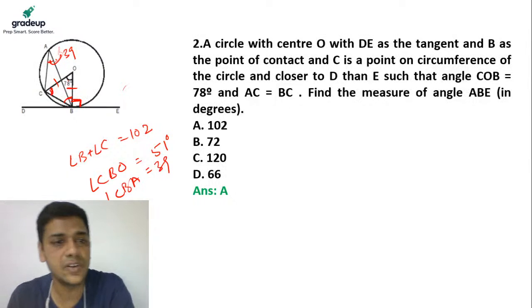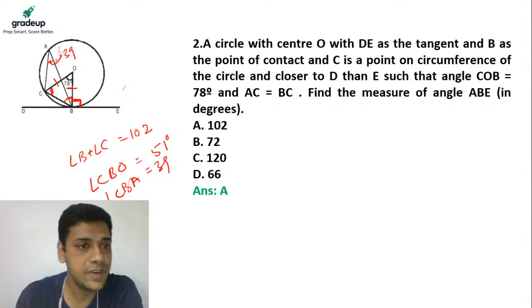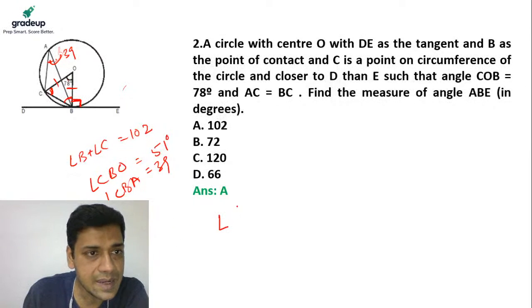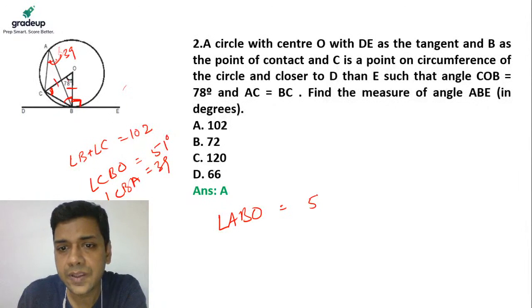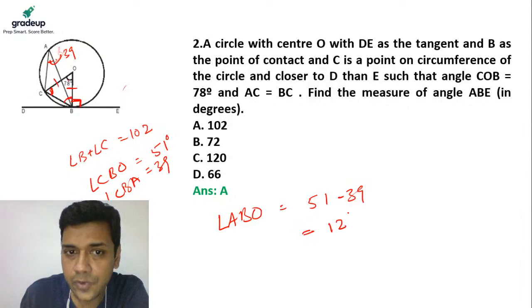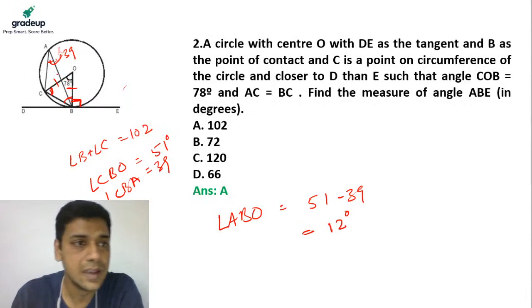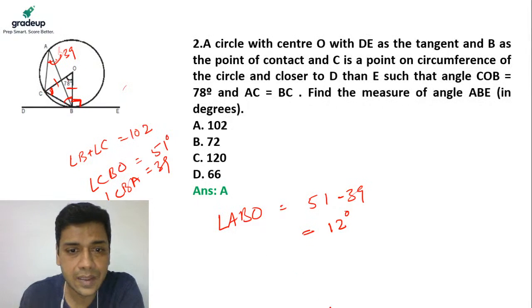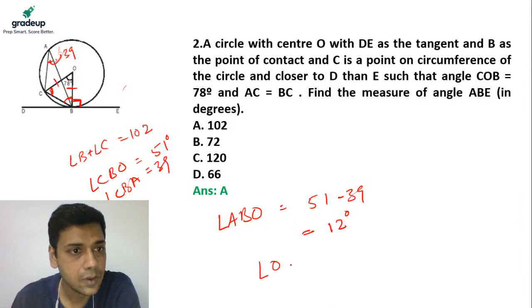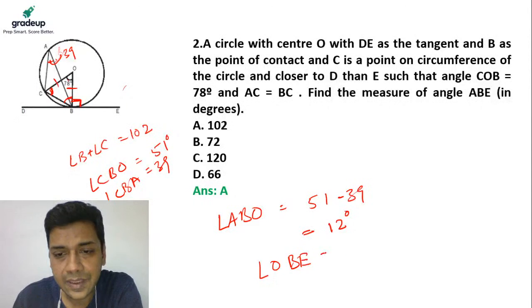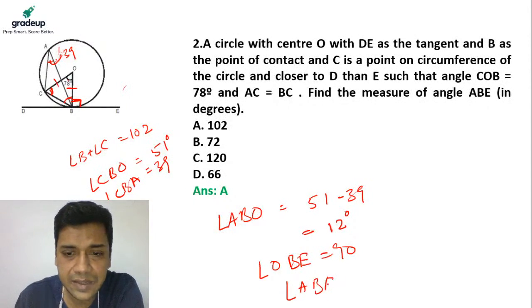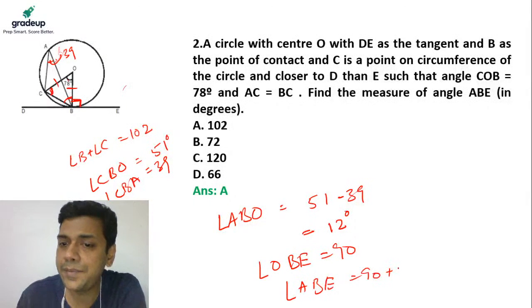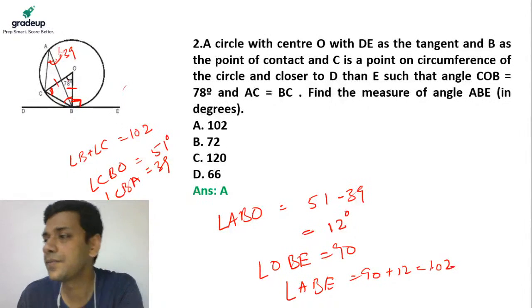Angle CBA is also 39, which means angle ABO would be nothing but 51 minus 39, which is 12 degrees. Now ABO is 12, angle OBE is 90. Can I say angle ABE will be 90 plus 12, which is 102?